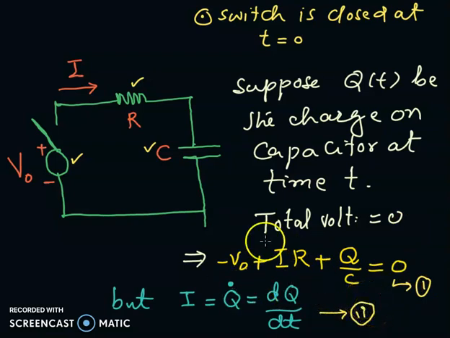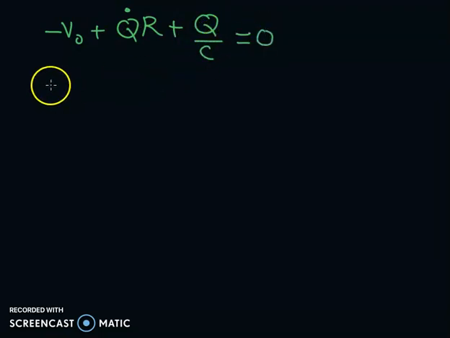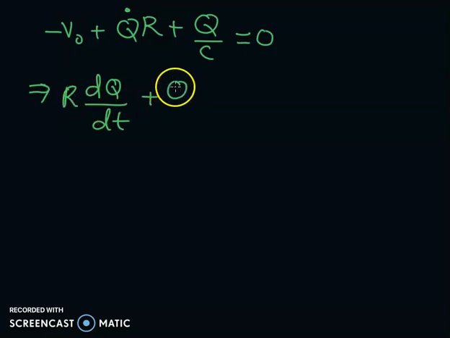If we combine these both equations, we can substitute the value of I from here into equation 1, and then we will get minus V0 plus Q dot R plus Q over C equal to 0. Or we can write the time derivative of Q with respect to t times R plus Q over C equal to V0.